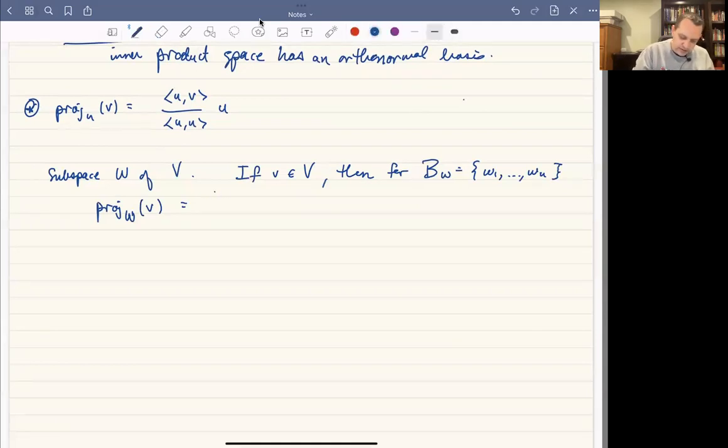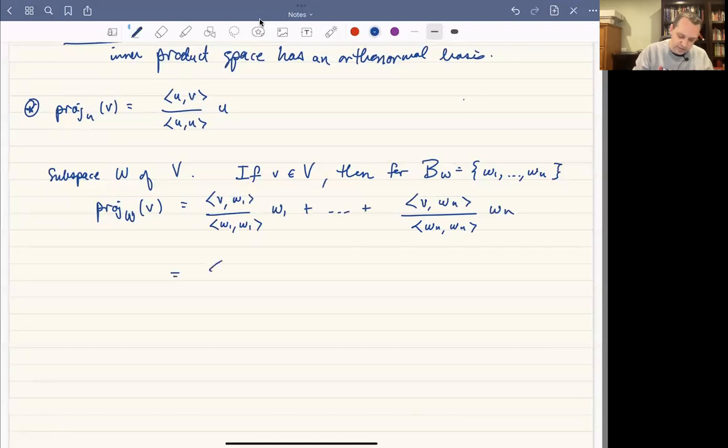You take v and project it onto W1, so you get the inner product of v and W1 divided by the length of W1 squared times W1, plus the same where you replace W1 with W2, all the way up to v with Wn divided by the length of Wn squared times Wn.